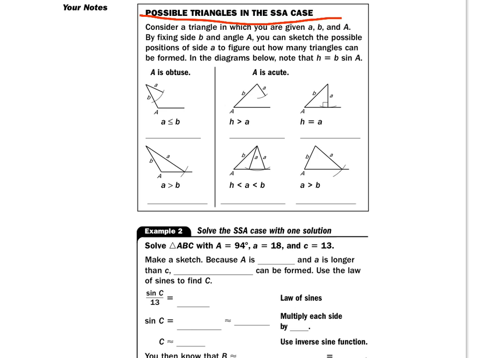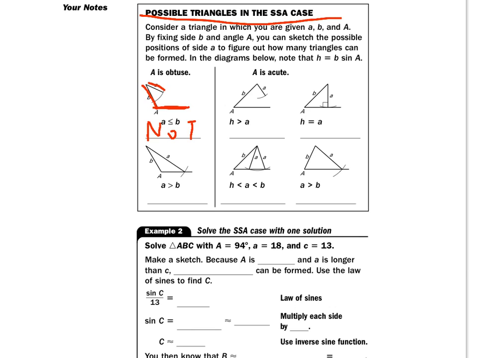When we look at these things, there's times when you're going to have no triangles. There's times when you're going to have multiple triangles. If you have a system like this, where you have your leg here, and then it's an obtuse angle, if A is smaller than B, then it's not going to be able to form a triangle.